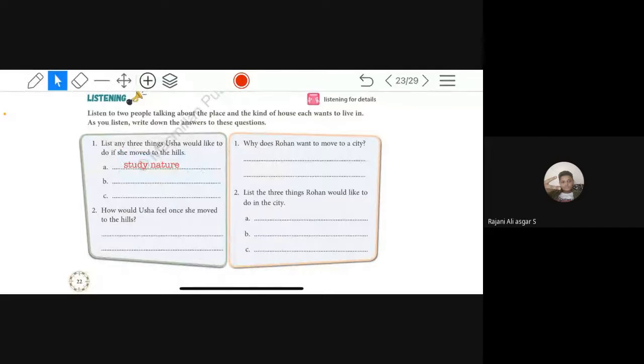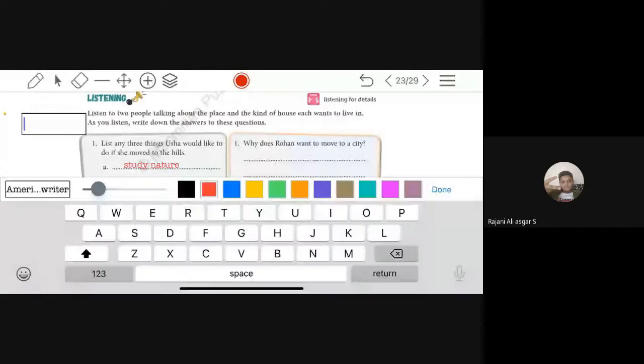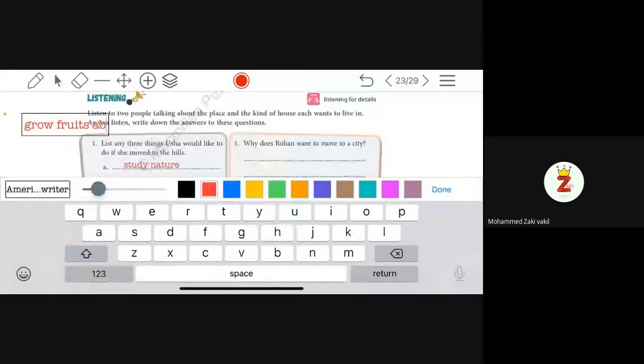And what else did you say? Grow fruits and vegetables in her own farm. His or hers? Hers. Grow fruits and vegetables in her farm.